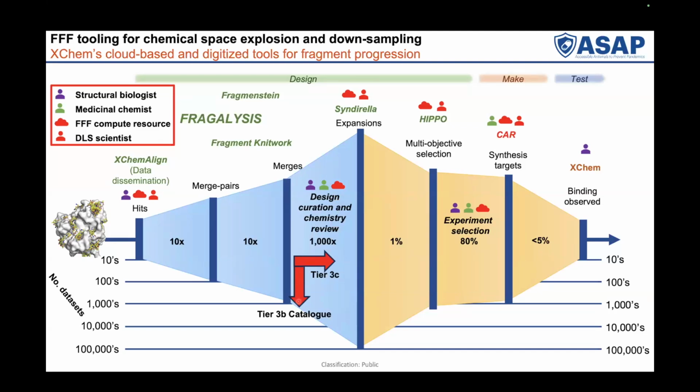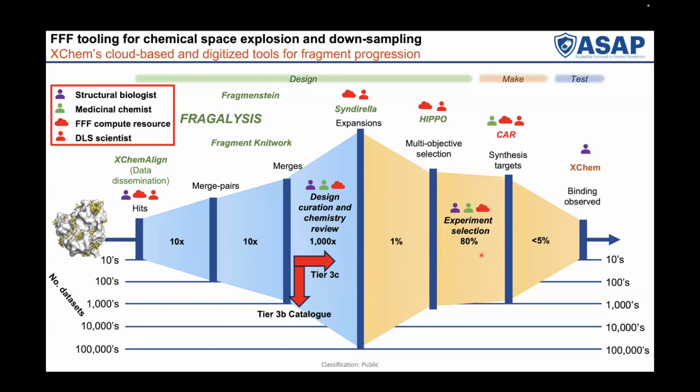And we can go in two directions. We can either go straight to the catalog here, or we can actually progress with this selection. And the way we progress with this, what we're calling Tier 3C, is using synthesis-directed elaborations to expand around these merge designs so we can get into the hundreds of thousands of designs. And we've got a tool called Hippo, which is the multi-objective selection tool that basically down selects the expansions to the order of thousands.